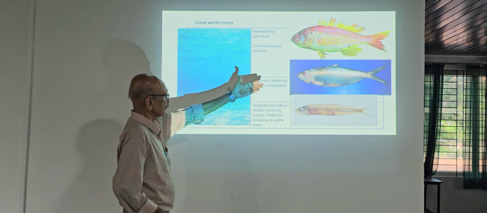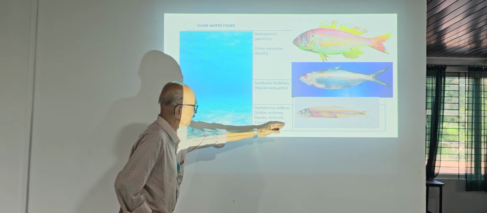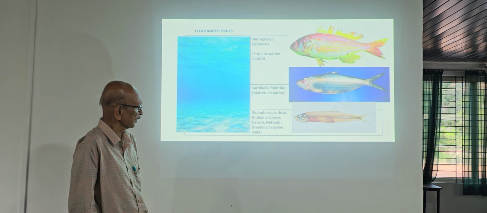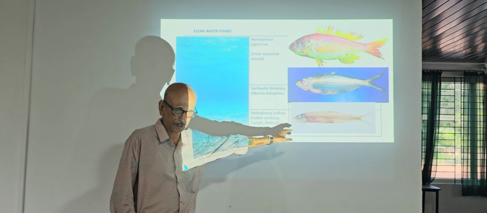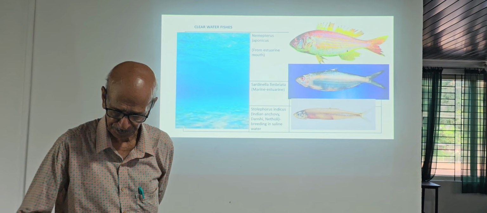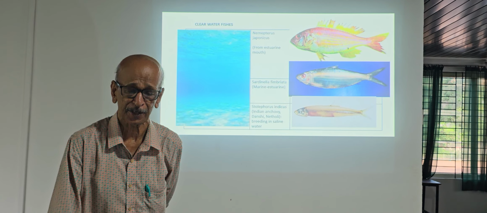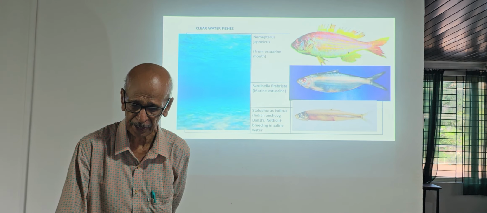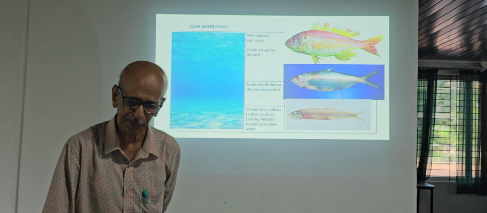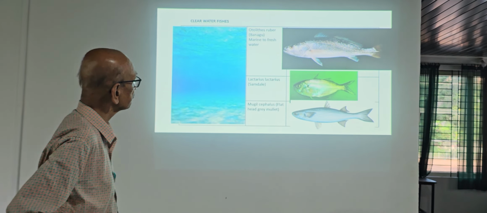This is a kind of sardine, and then we find what we call anchovy, Indian anchovy, kanshi, locally called Stolephorus indicus, small fish, but it has much demand commercially, especially in the state of Kerala, and most of the catch in dried form goes to Kerala.